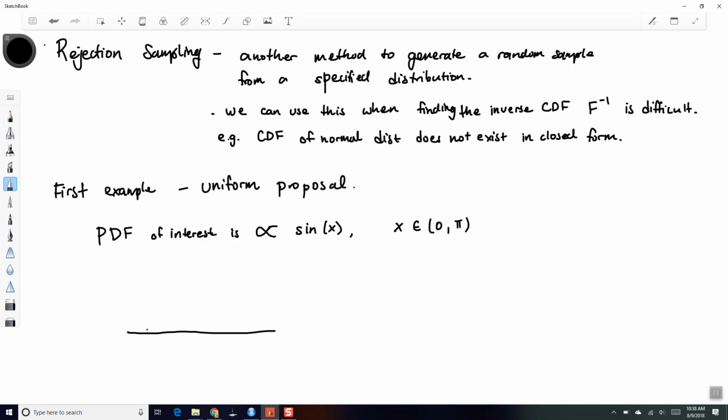So we go from 0 to pi, and this is what it looks like, right? So this is our PDF. Now, in order for it to be a PDF, the integral of f of x over the domain must equal 1, right?